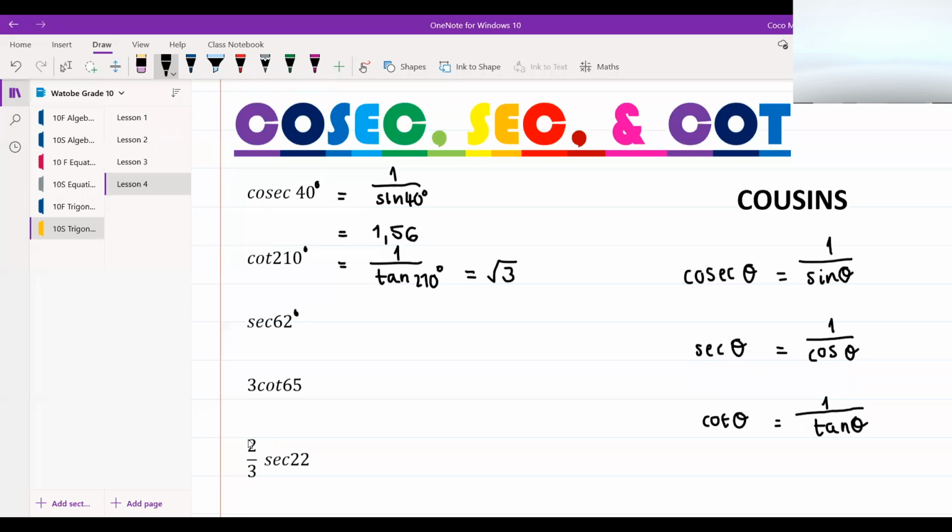Sec 62 is equal to 1 over cos of 62. The answer for this one should be 2.13.